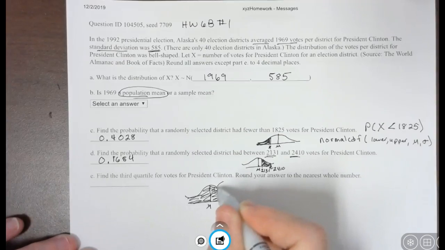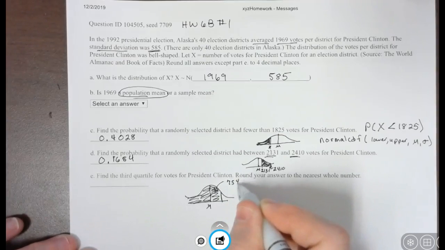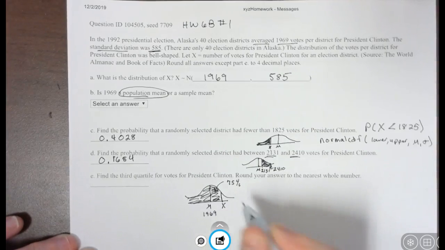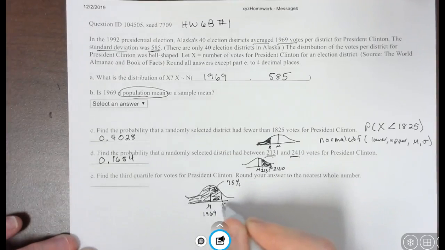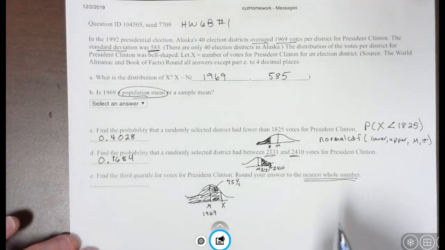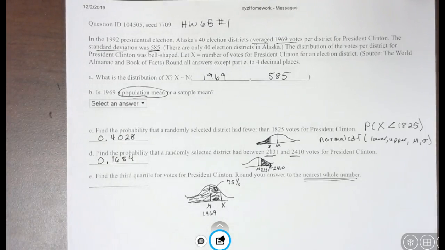And so that's telling me that 75% are here. So I want to find out, what is this value? We know our mean is 1969. That would be my 75th percentile. And it says round to the nearest whole number. So that's important that we round to the appropriate whole number.